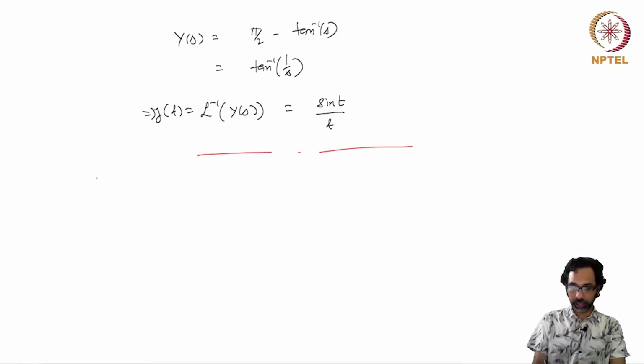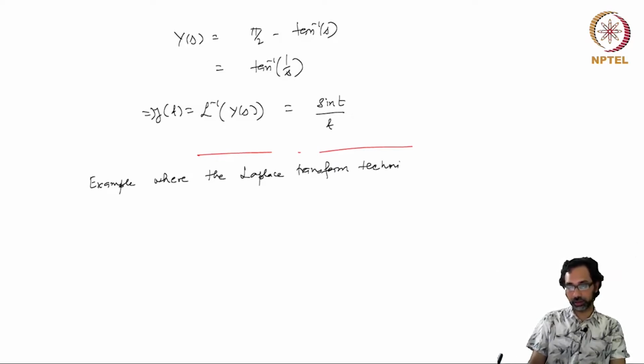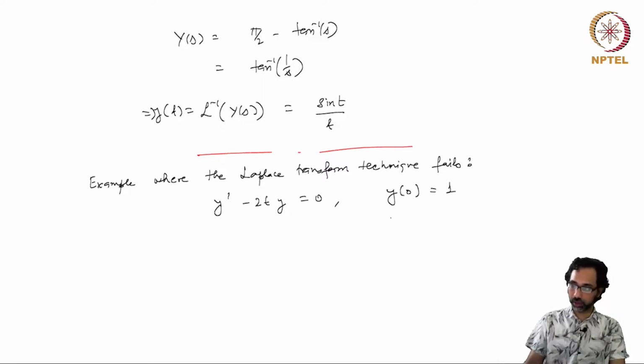Here is another example where the Laplace transform technique fails. This is given by the following differential equation: y prime minus 2ty equals 0 with the conditions y(0) equal to 1, y prime(0) equals 0.